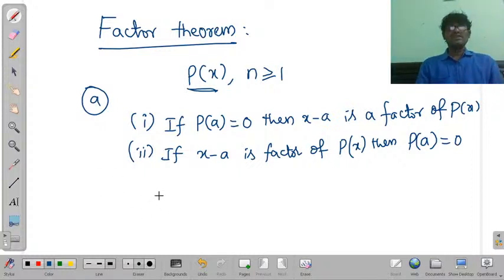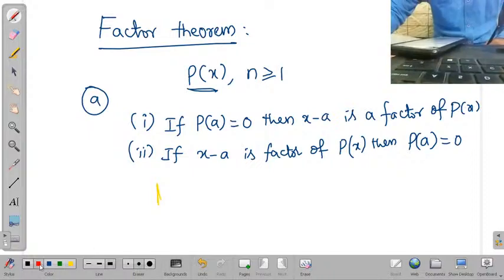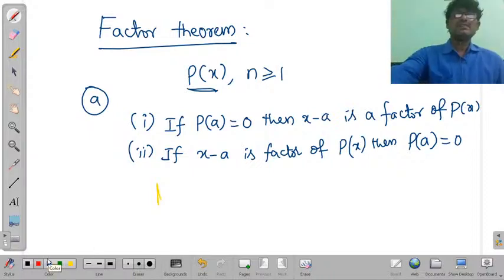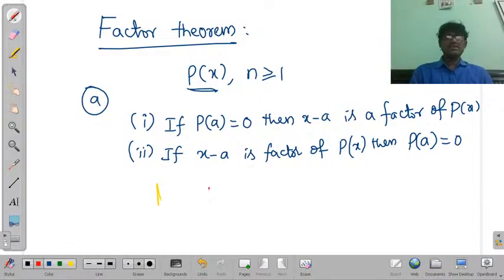In remainder theorem, if you take p of x as a polynomial and it is divided by x minus a, then what is the remainder?